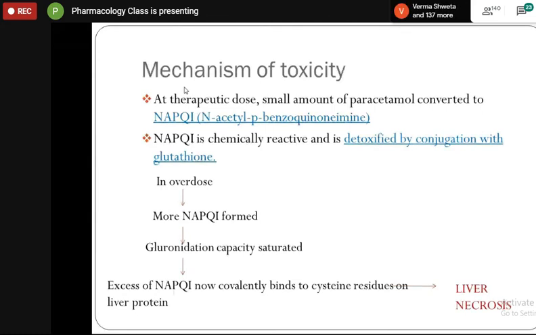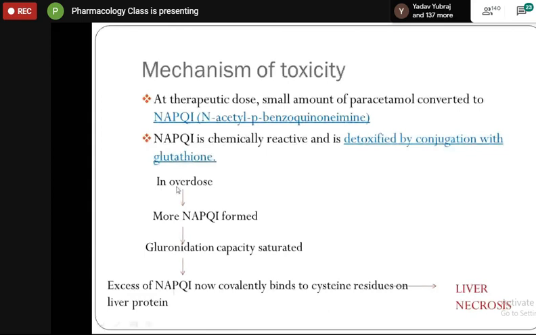What happens at the therapeutic dose is that paracetamol is converted into a metabolite called NAPQI, that is, N-acetyl-p-benzoquinone. NAPQI is a very chemically reactive substance, and it is detoxified in the liver by conjugation, which are phase 2 reactions, mainly with a compound called glutathione.